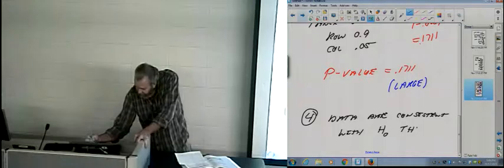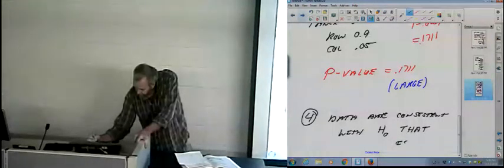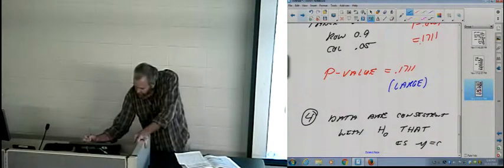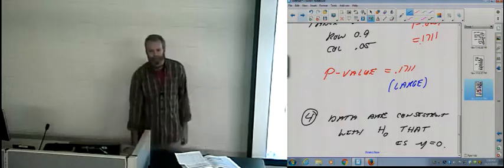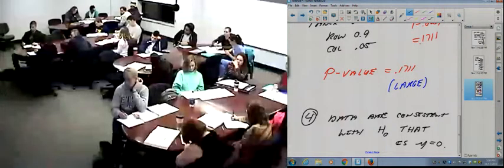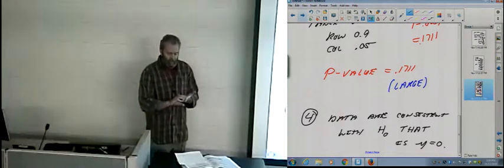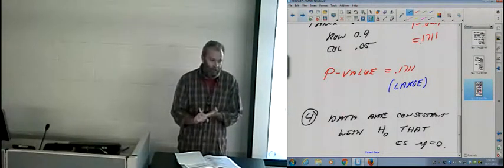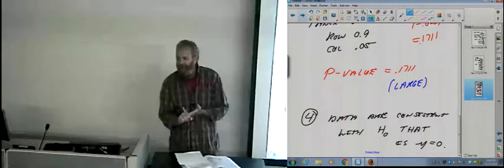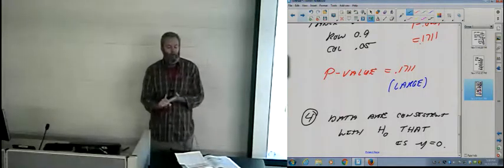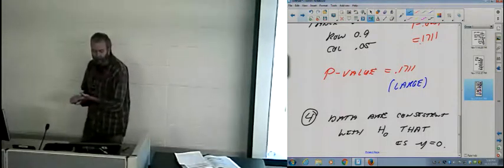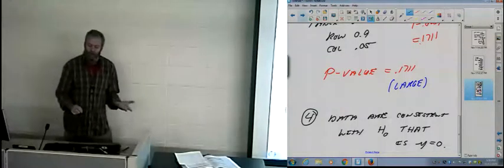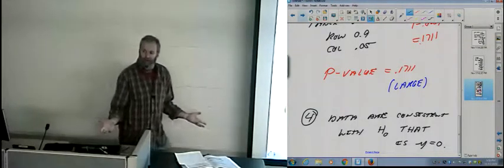That is, mu is equal to 0. You had a small test statistic. You had a large p-value. One more time, a p-value of 0.1711 in the big scheme of things, that is large. That is not small p-values. Okay? So the data are consistent with H naught. That is mu being 0.